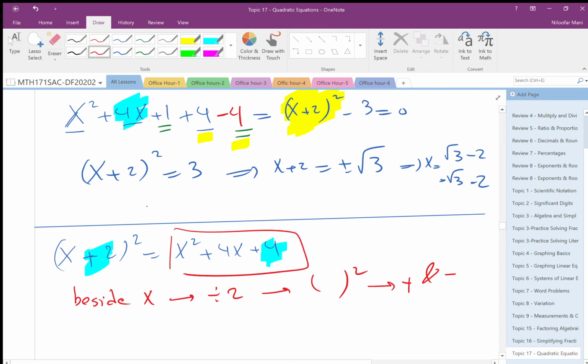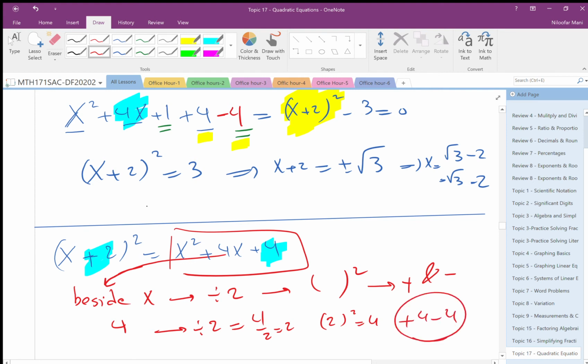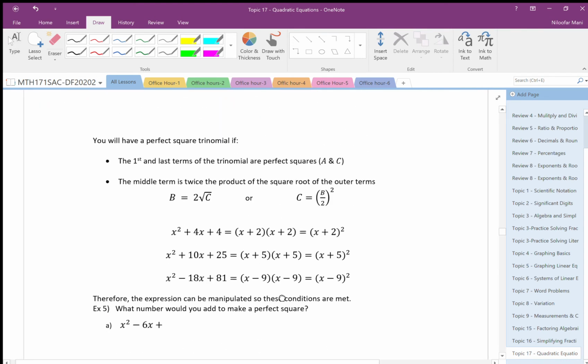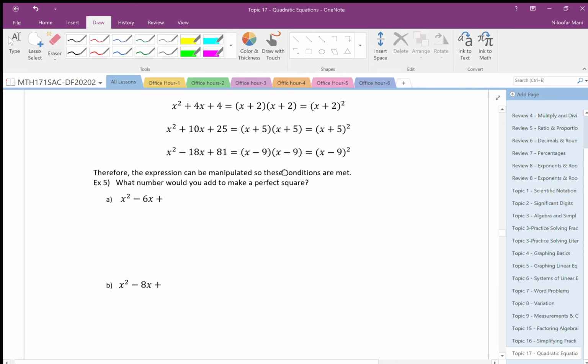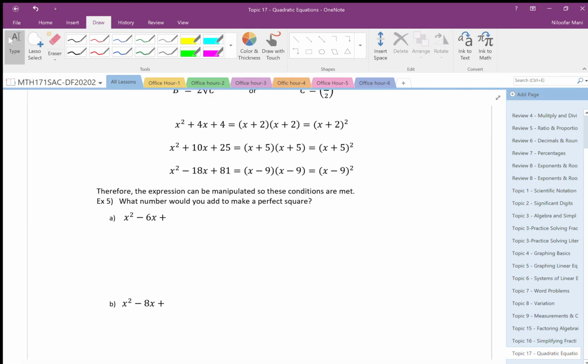So I can just look at the number beside x, which is 4, divided by 2, which is 2, then squared, which is 4. So add plus 4 and minus 4 at the same time. How about if I don't have 1 beside x squared? I'll tell you later.